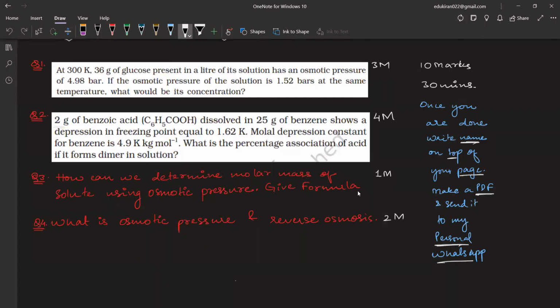Wait a second, my OneNote is making some problems. Saf, I don't think you have attended the abnormal molar mass lecture, right?